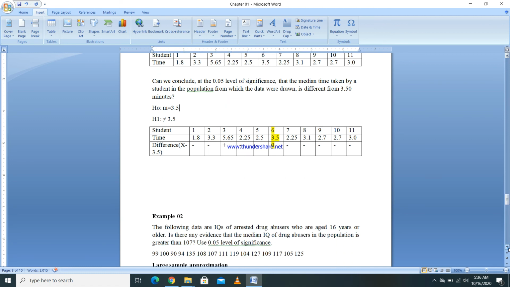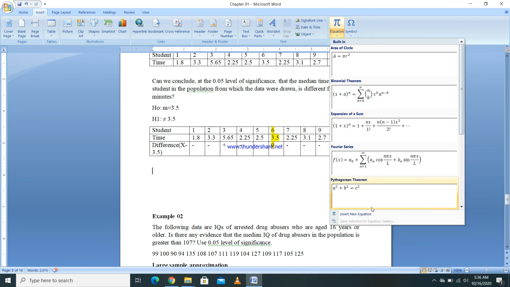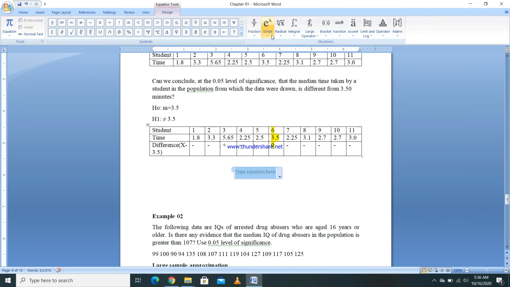So at the beginning we have 11 observations. Since we are going to omit this, now we are having only 10 values in the sample, right? So what we have to do is, if you take the n plus value here, I just write n plus.